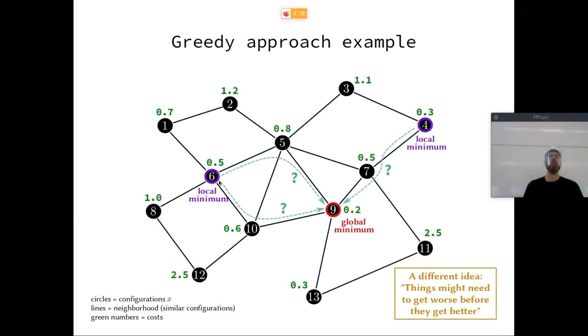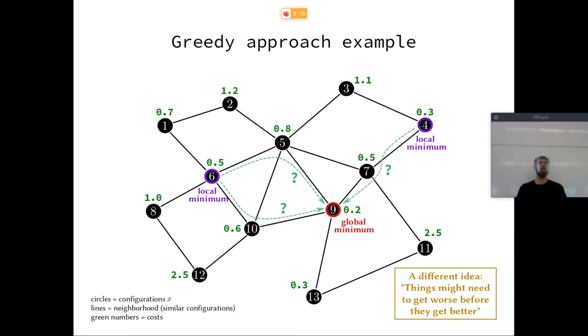This algorithm is greedy because you only accept moves that improve your situation. You want to minimize your cost, so you always go down.